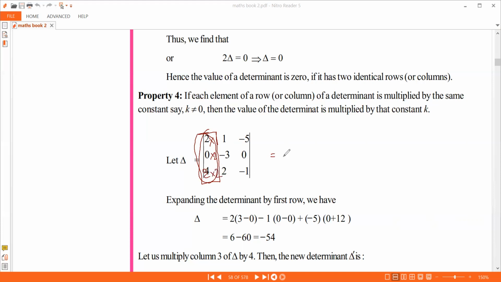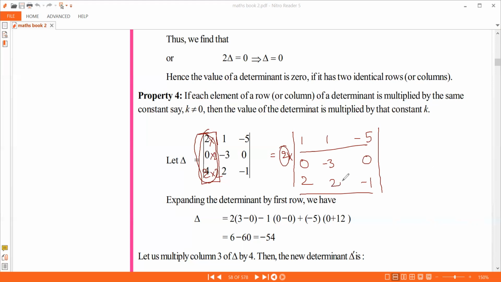So I can take 2 common from this column. So I can write 1, 0, 2 in that column, with the rest: 1, minus 3, 2, minus 5, 0, minus 1. So it's the other way also you can take it. And now, after removing this 2, this determinant becomes very simple.